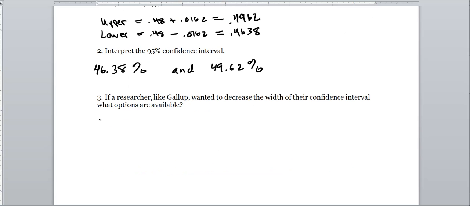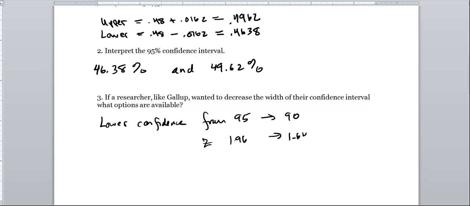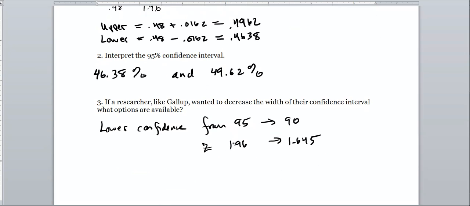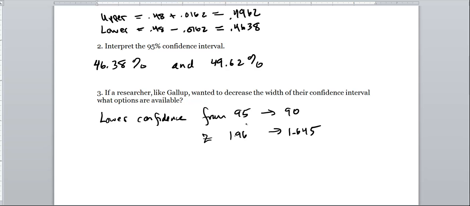Well, if I lower my confidence from, let's say, 95 to 90, then my Z goes from 1.96 to 1.645. So, holding everything else the same, if my margin of error decreases, which will happen from a lower level of confidence, then my confidence interval becomes more narrow, or decreases in width.